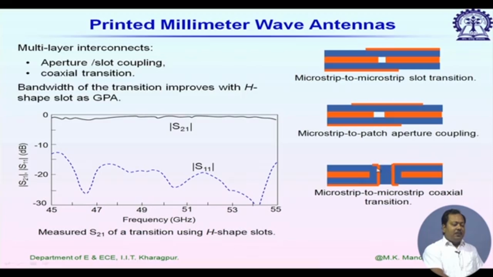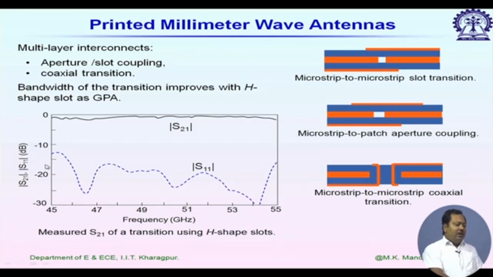In the brass plate, we have to drill a hole to insert this metal pin. This metal pin looks like the inner conductor of a coaxial cable, and the hole in the brass plate looks like the outer conductor, and we can model it by a coaxial cable.